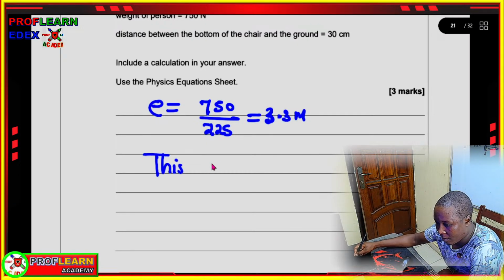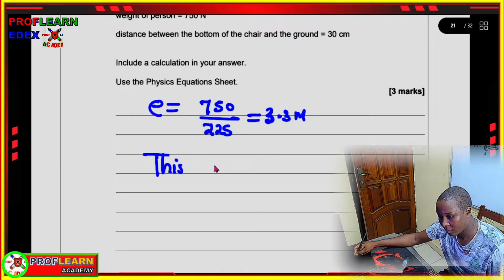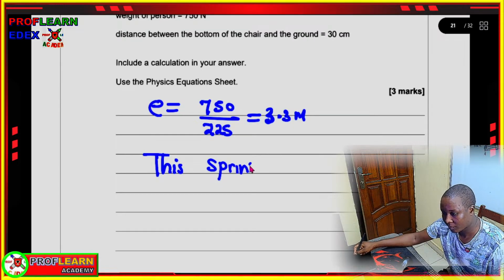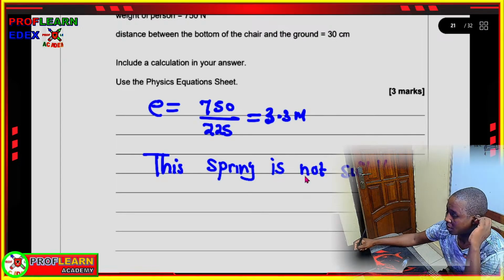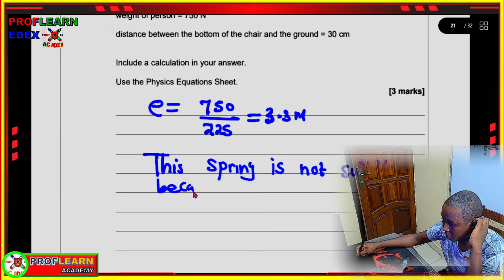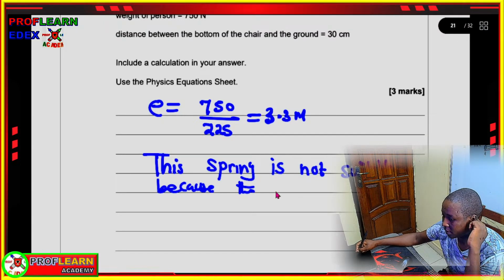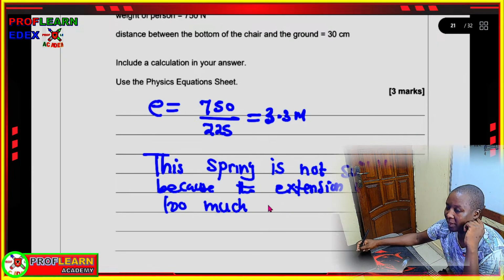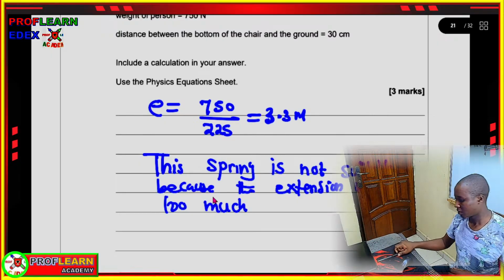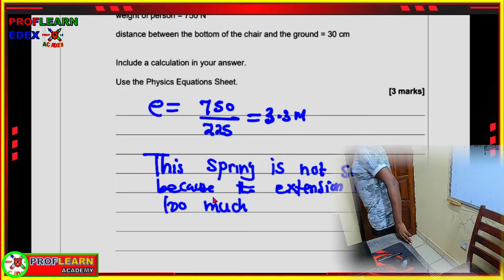This spring is not suitable because the extension will be too much, and the person will sit on the floor instead.